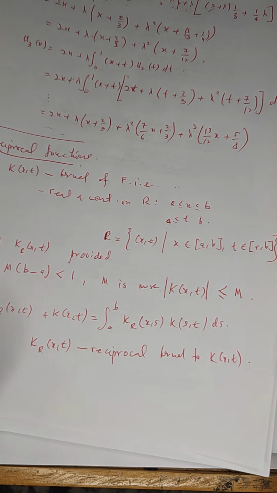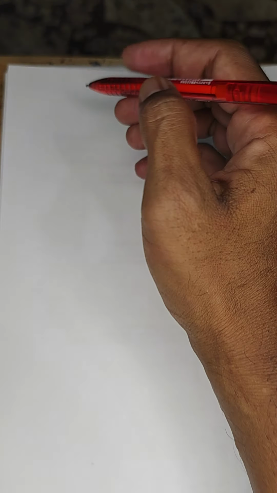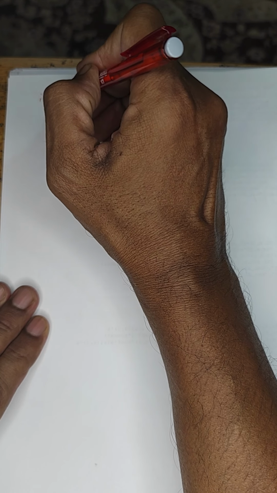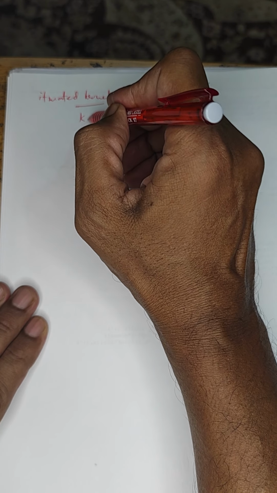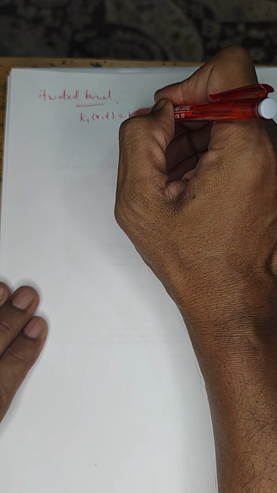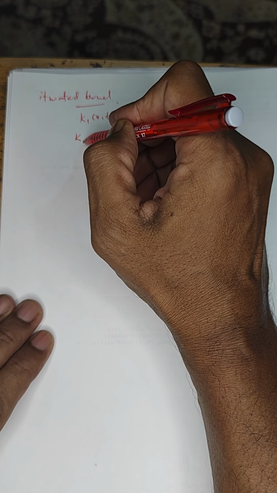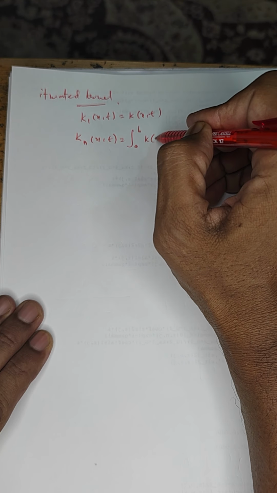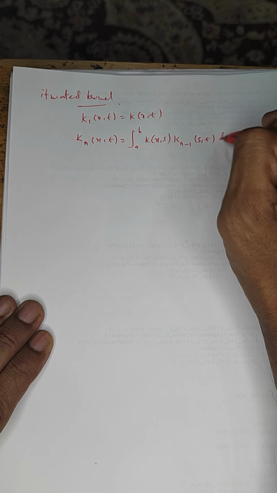Okay, so let's see how we can get those. By definition of the iterated kernel, we have k1(x,t) is k(x,t), and kn(x,t) is equal to integrate a to b k(x,s) k_{n-1}(s,t) ds.